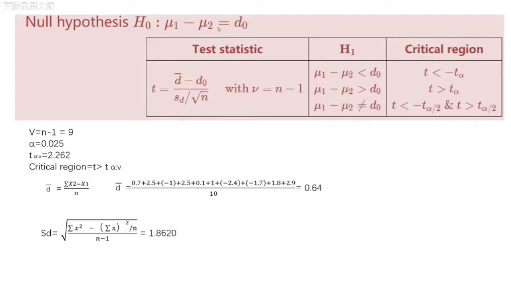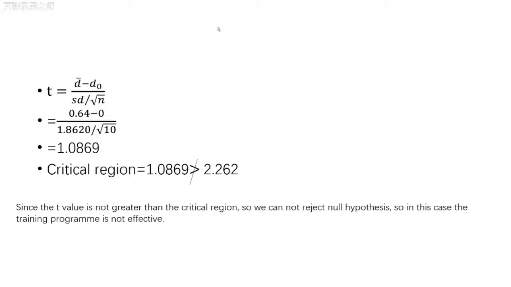Then we find the mean difference, which is equal to 0.64, and the standard deviation is equal to 1.8620. Then we apply all the numbers into this test statistic and we get the answer of 1.0869. Since the t-value is not greater than the critical value, we cannot reject the null hypothesis. So in this case, the training programme is not effective.